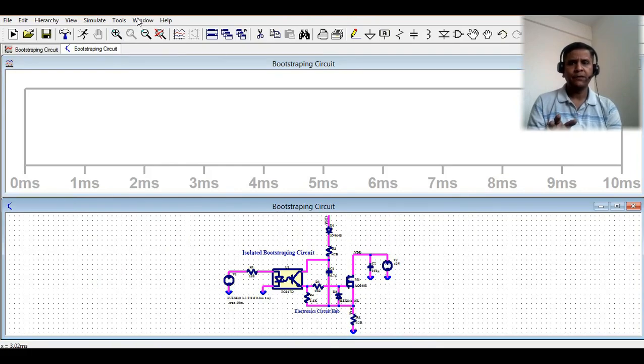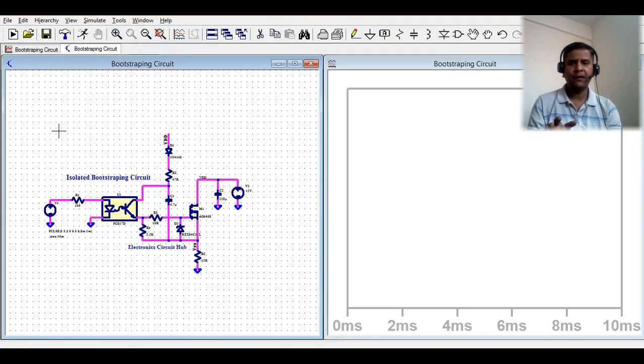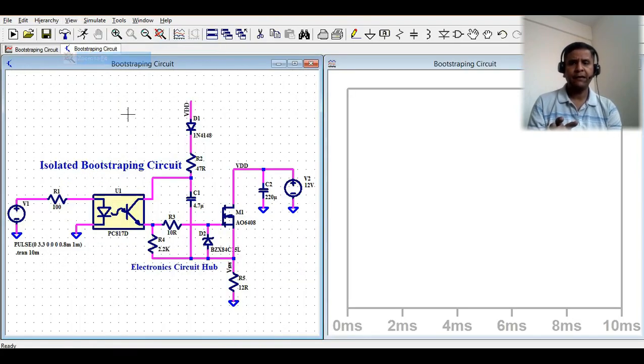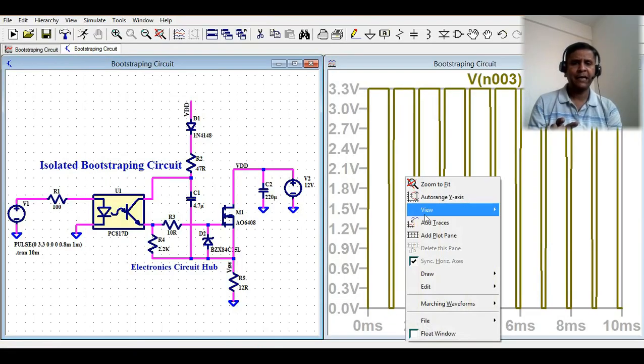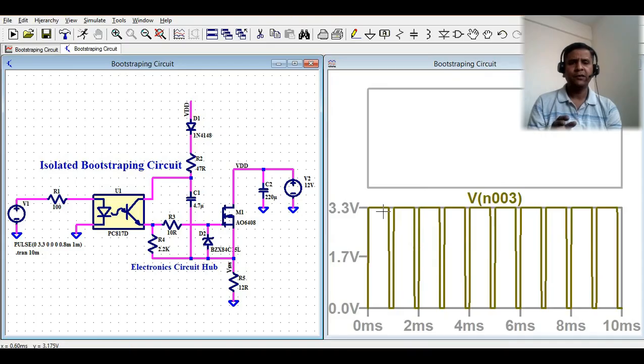Maybe I can tile the windows vertically. So let's start here. What is your input? Your input is a pulse. As I talked about, we have 3.3 volt coming from the microcontroller, with a duty of 80%, 0.8 millisecond on time and 0.2 millisecond off time, and the entire frequency is 1 kilohertz.